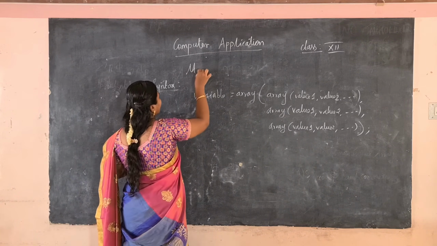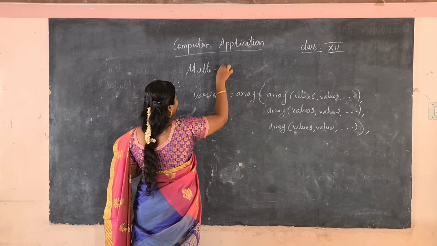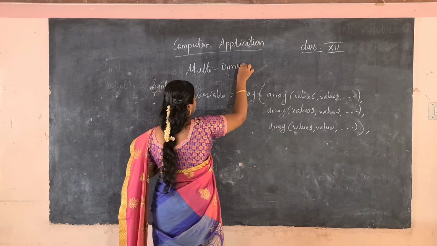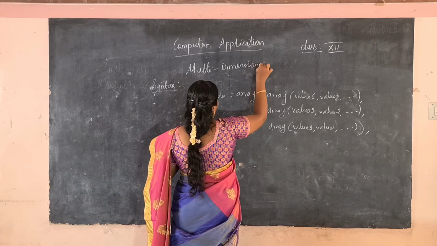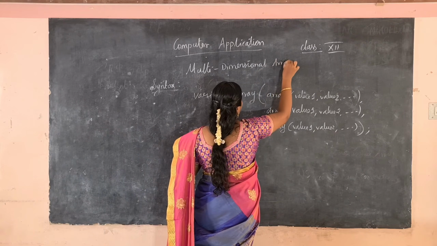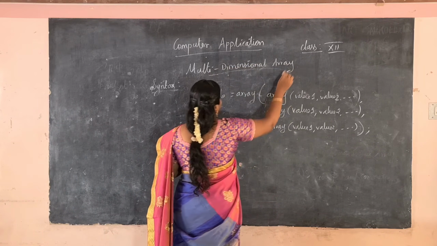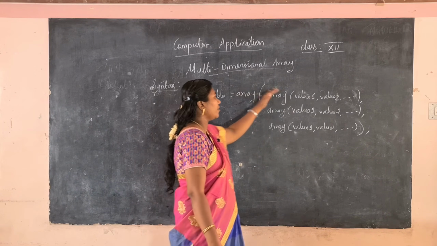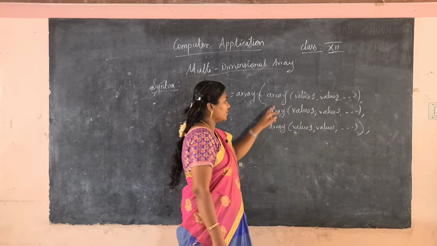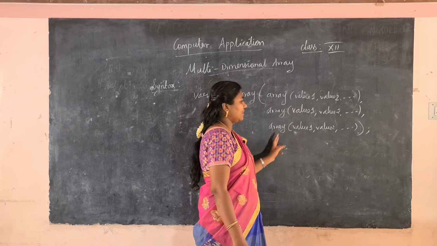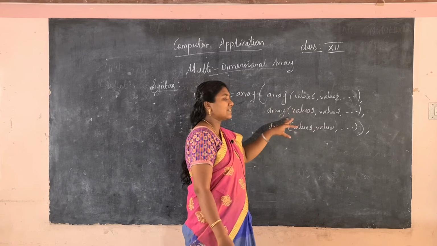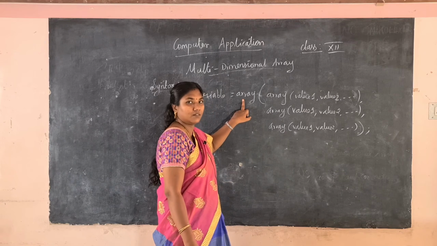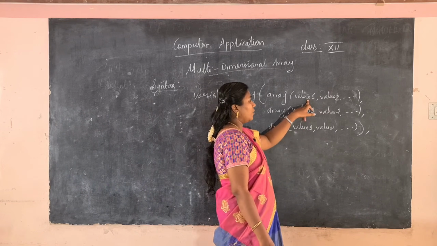Okay. So in the multi-dimensional array, within one array you will have another array within it. First you give the keyword array. Within the array you are creating more than one array. So the first array is this, then the second array, and then the third array. These all are enclosed under the first keyword. Here I have value 1, value 2.